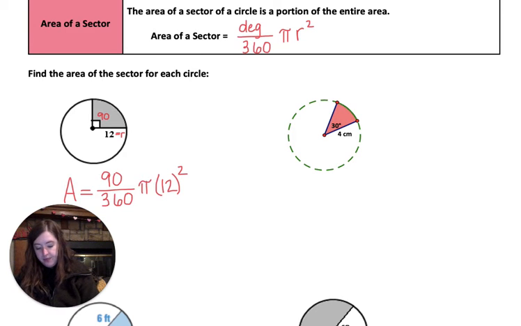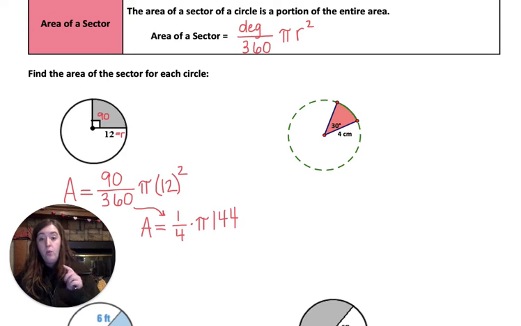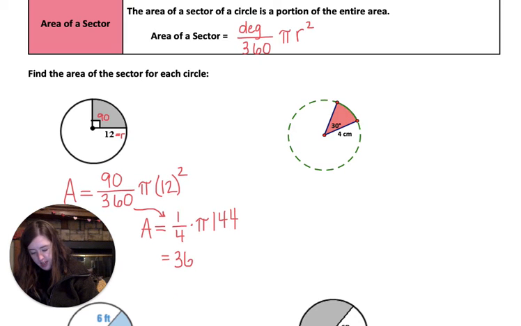Now at this point, if you looked at that and you were like, that's still 1/4 of a circle, Mrs. Davis, great. Call that 90 over 360 1/4 times pi. And then 12 squared is 144. 1/4 of 144, or 144 divided by 4, is going to leave me with 36. And the pi just comes along for the ride. They didn't give me any units, so I'm not going to worry about it.